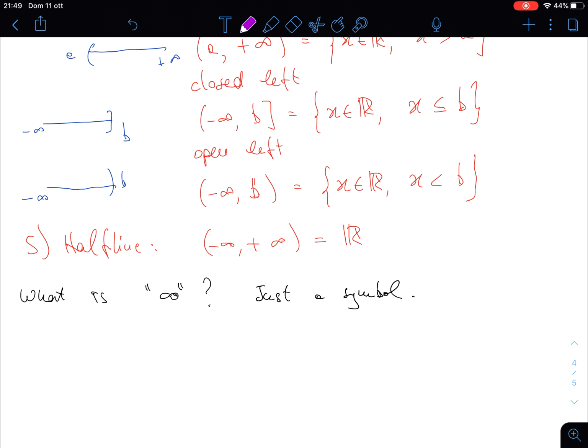So the chapter here is the notion of Supremum and the notion of Infimum.